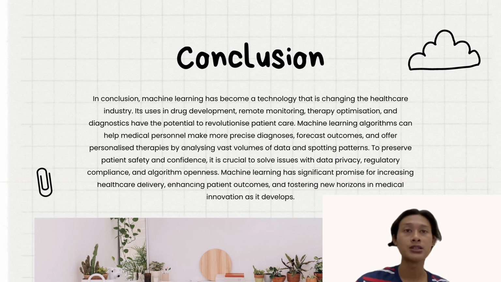To preserve patient safety and confidence, it is crucial to solve issues with data privacy, regulatory compliance, and algorithm openness. Machine learning has significant promise for improving healthcare delivery, enhancing patient outcomes, and fostering new horizons in medical innovation as it develops.